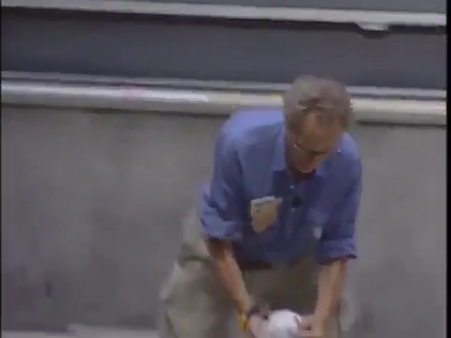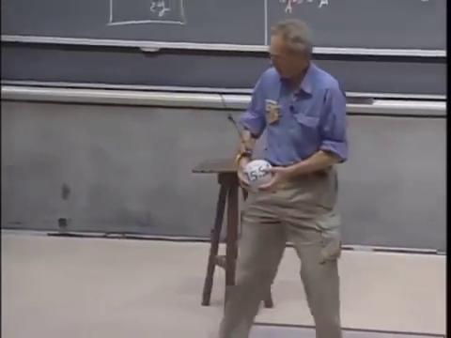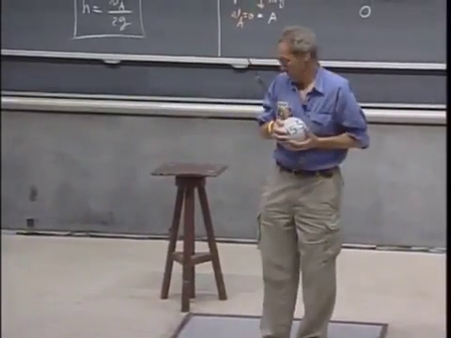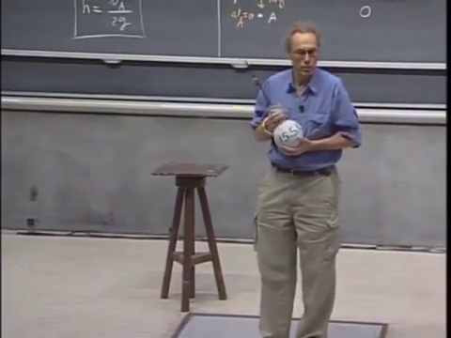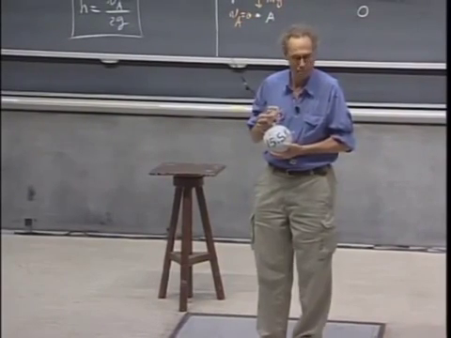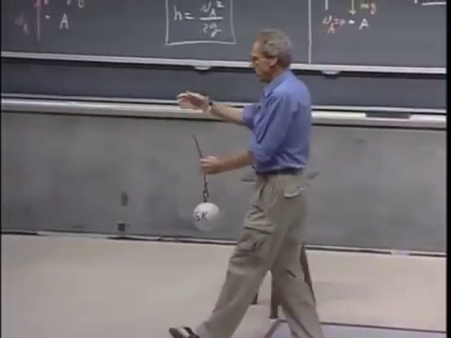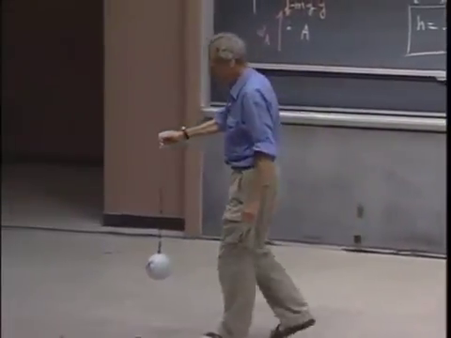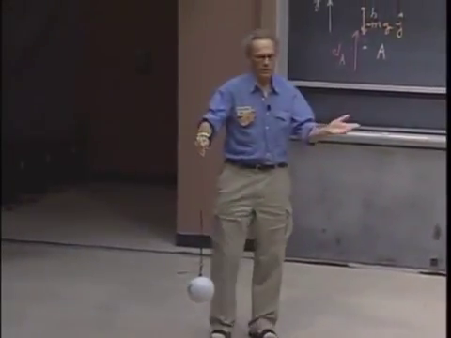If I would let it swing from 1 meter height, and you would be there and it would hit you, you'd be dead. 150 joules is enough to kill you. They use these devices, called a wrecking ball, to demolish buildings.